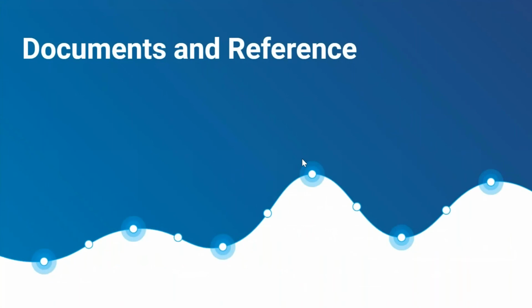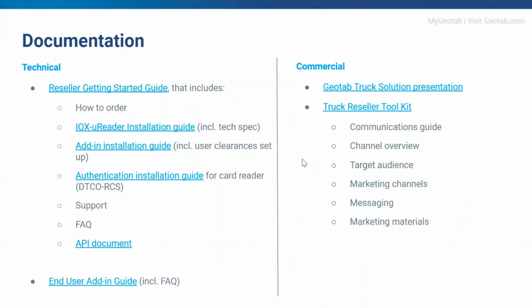In terms of documents and references, we've broken it down into 2 sections. So we have a technical side, which is more how to order, how to support, how to install. But there's also a commercial side to it. So such as the truck reseller toolkit, which will help you know essentially your target audience, your relevant marketing channels, and the relevant materials you need.